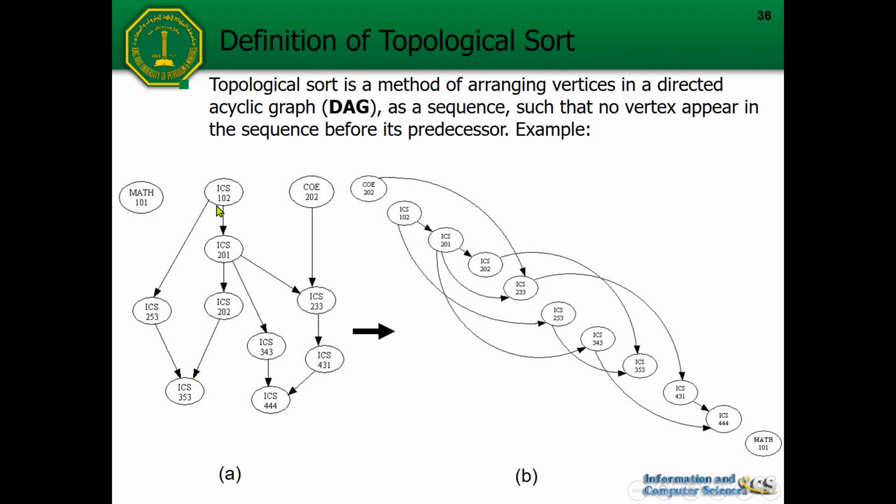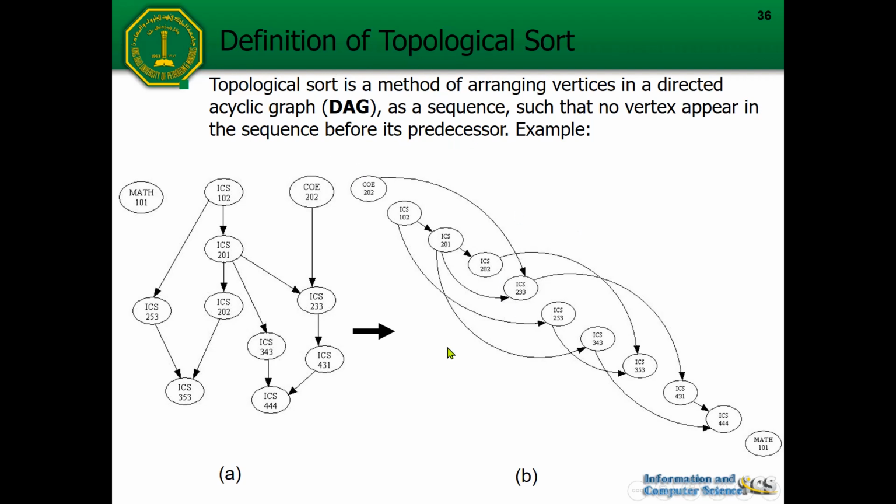That will be a cycle, a loop inside the graph. In the DAG, we must make sure that there is no cycle in the graph, otherwise we will not be able to apply the topological sort algorithm to get the topological graph. That is the definition and application of the topological sort method.